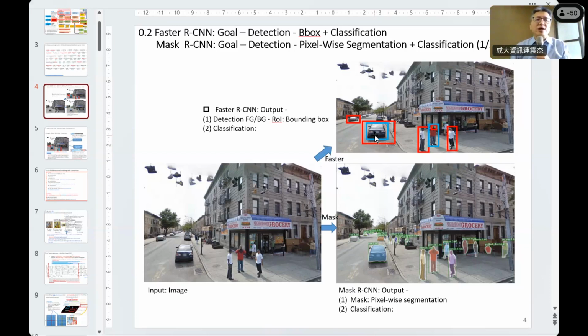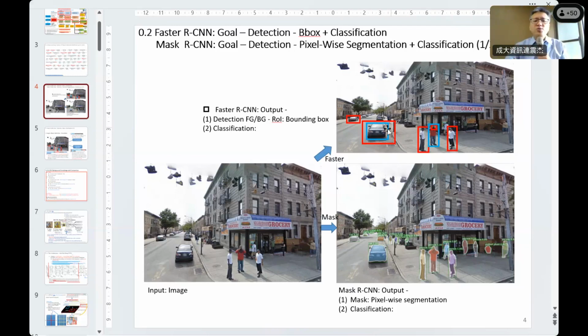So their result for the bounding box is XY, like a center, and WH, the width and height, and one more term, confidence. So the 5 parameters, and the parameter C, confidence, is for foreground or background.